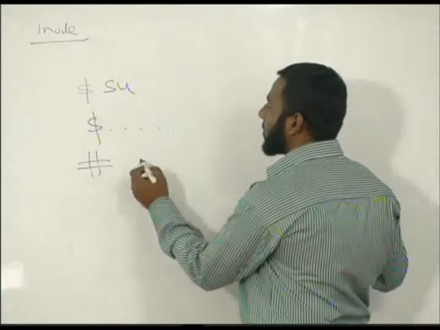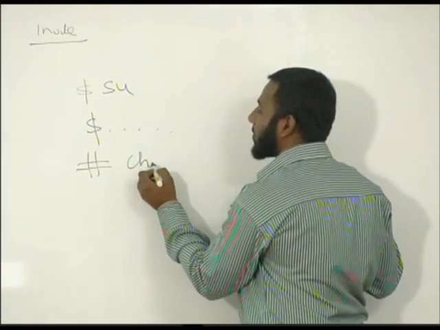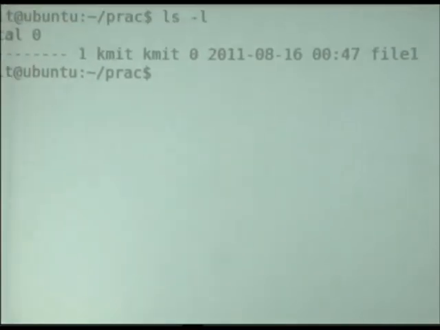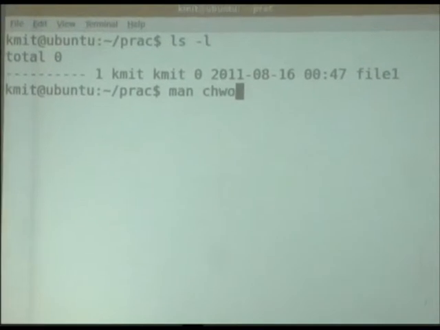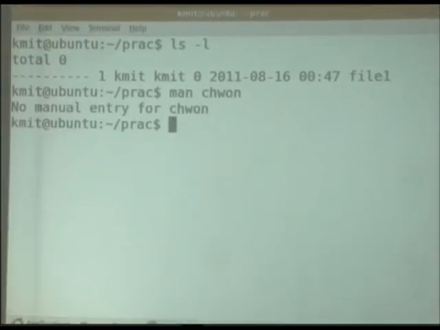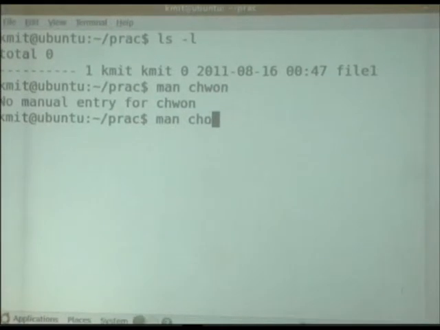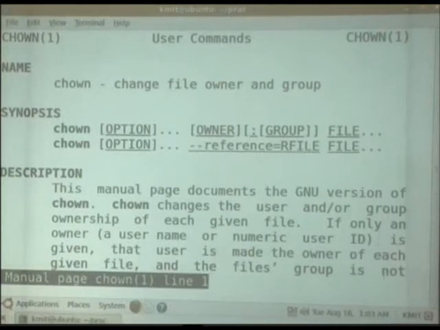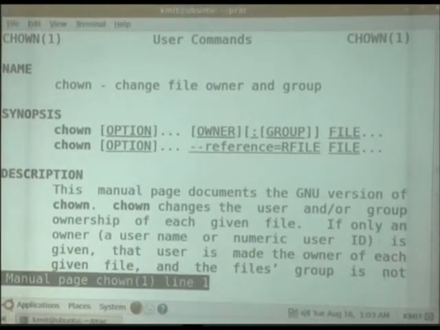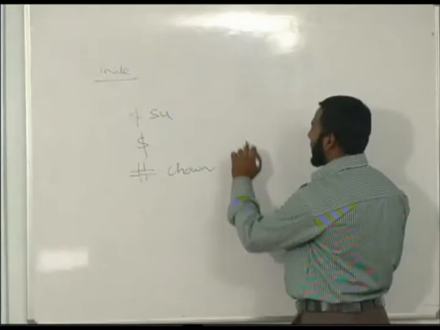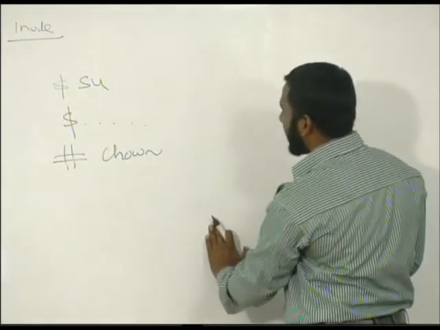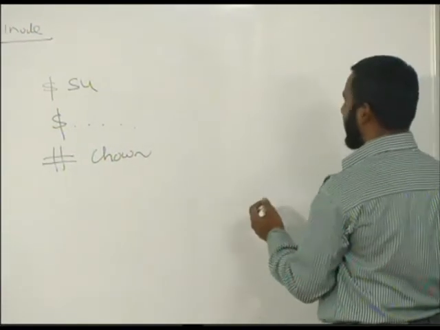Now here you can use the command chown. Let's see the manual page of chown. Change file owner and group. The good point about this command is that we can change the owner of the file and also the group to which this file belongs.